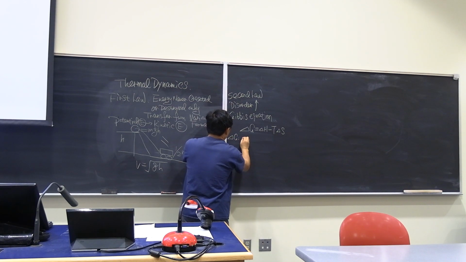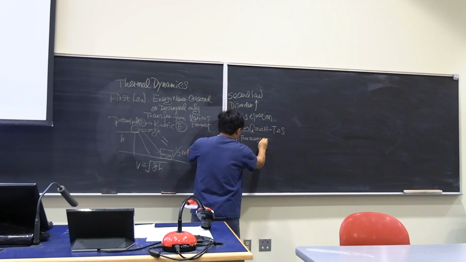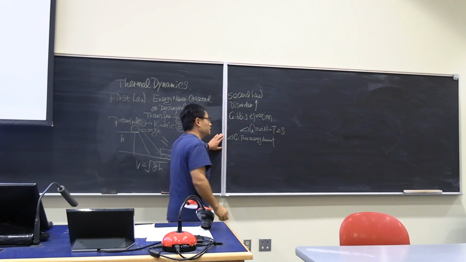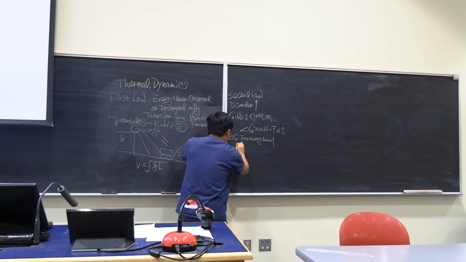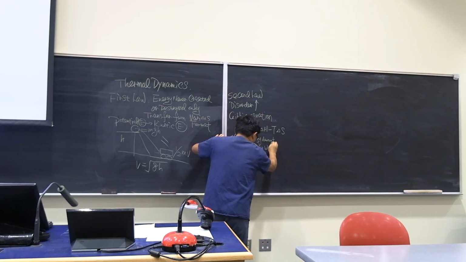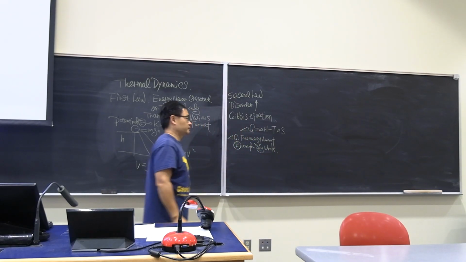Delta G is the free energy amount. You can easily understand it. This is the energy used for doing work, which means the bacteria can survive. That's delta G.